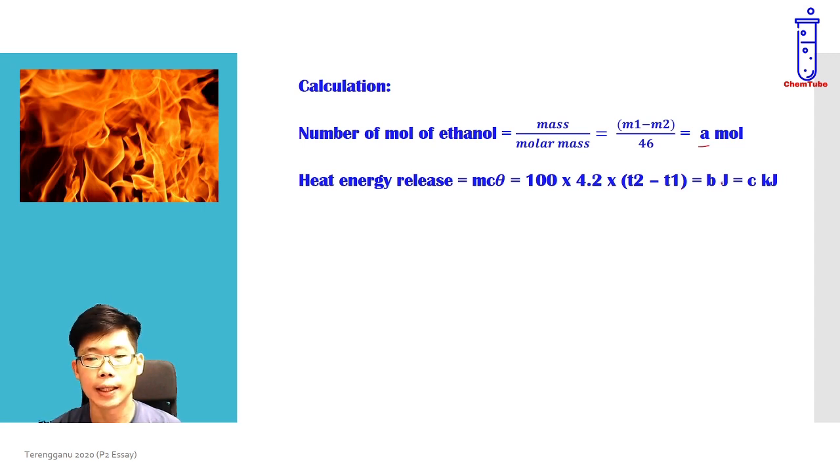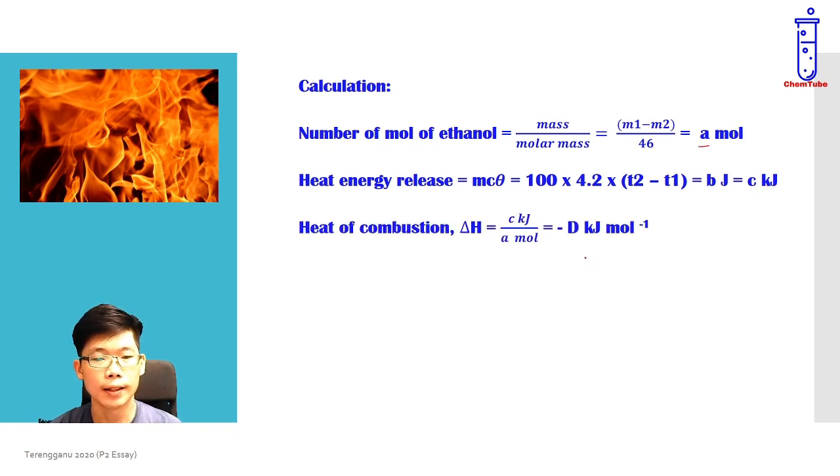Let's say you put B joule. Then divide by 1000, you get C kilojoule. Then the heat of combustion, delta H, is C kilojoule divided by the number of moles, A. So let's say it is D kilojoule per mole. So this is how we calculate the heat of combustion.